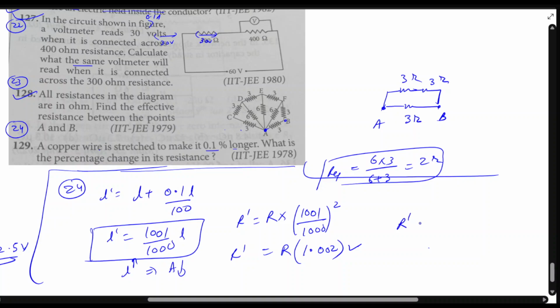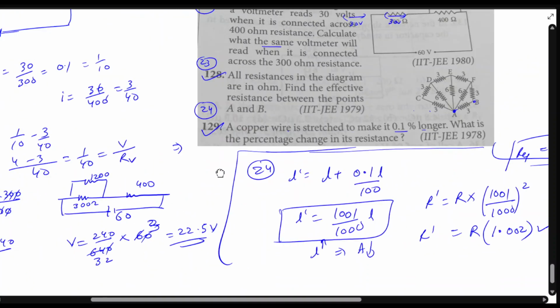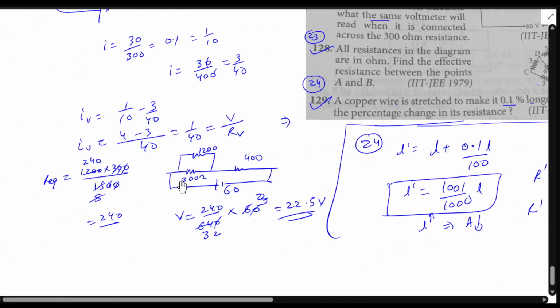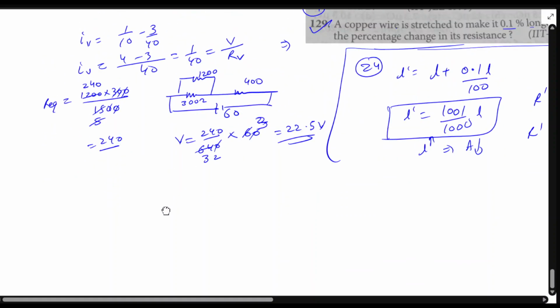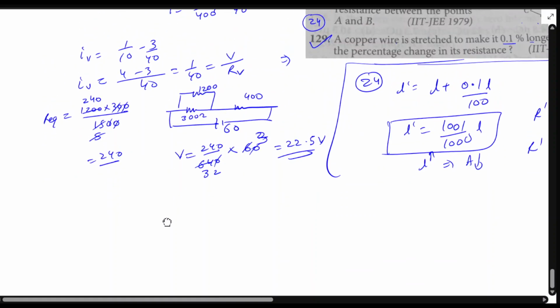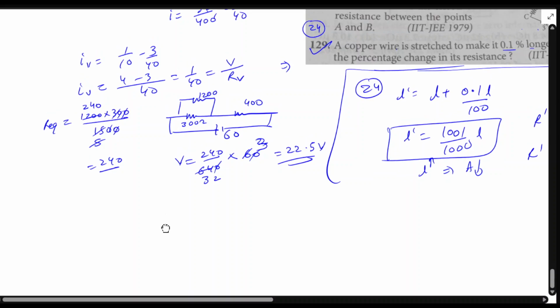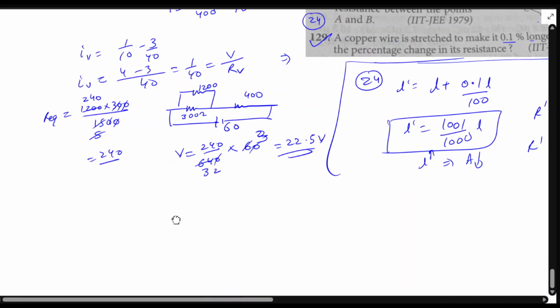So R dash is increased by 0.2%. So this is 0.2%, right? So again, quite easy question. It's a like class 12th question. You must have solved them a lot of times, right? Even in class 10th, you must have solved these questions. Let's move on to our 25th question.